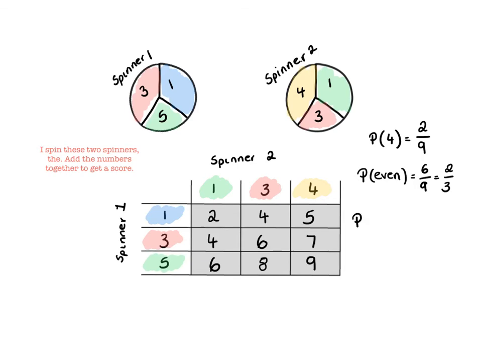Okay, the probability of getting a square number. So the square numbers are 4, 4, and 9. So that gives us 3 out of a possible 9. And the probability of getting a number greater than 4.